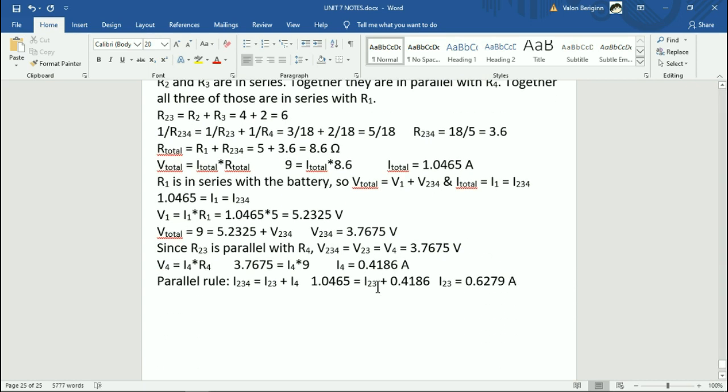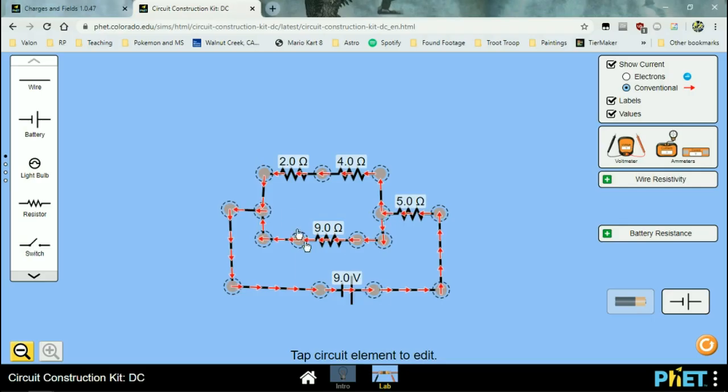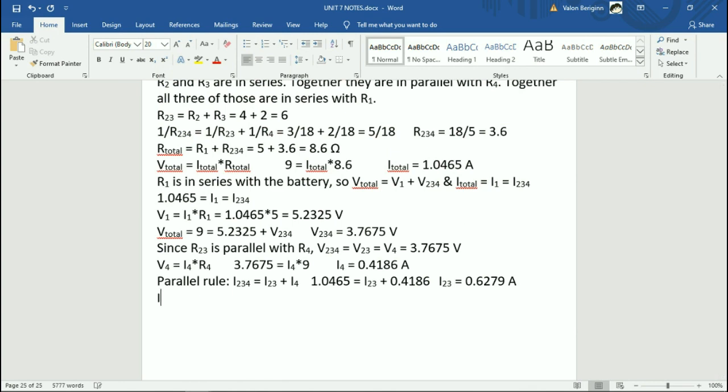Now, I23, that's in series, right? These two are in series. So the current rule for them being in series is equal.